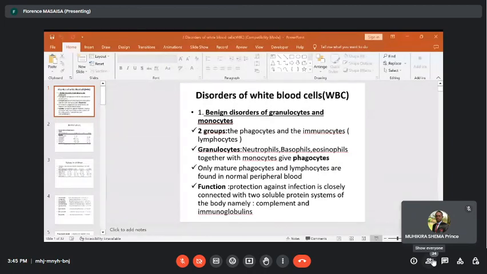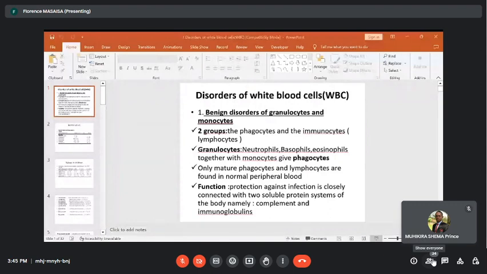For leukocytosis, we have the count above 11, meaning that it is an increased count. We have leukopenia when it is below the normal range. Neutrophilia, when the count of neutrophils is above the normal range. Neutropenia will be the opposite.